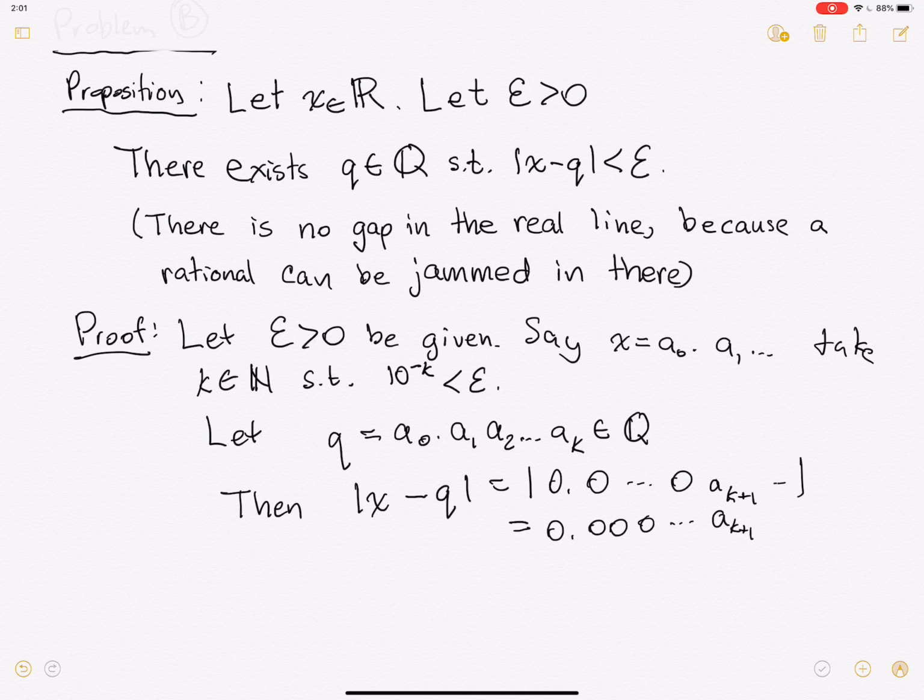This is an absolute value, and this is going to be less than this number, where it's k plus 1 zeros.